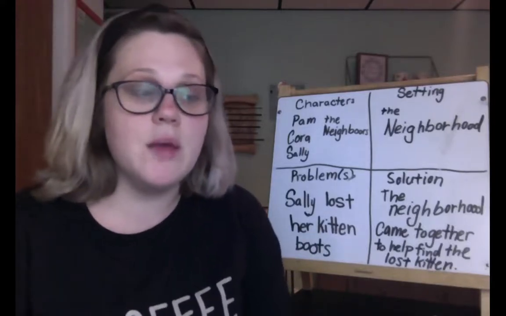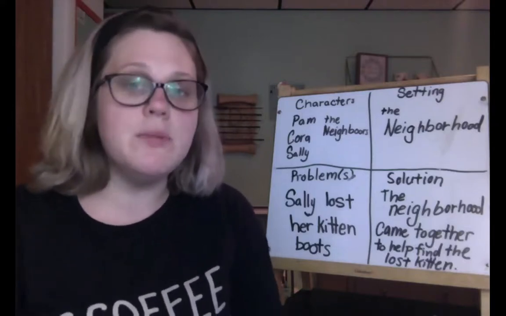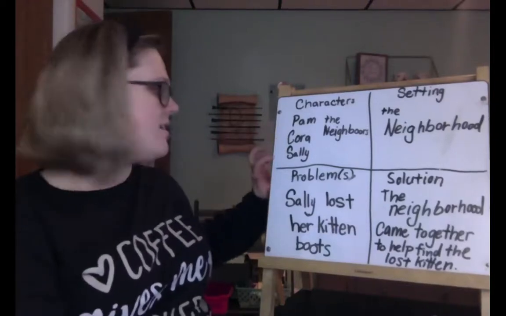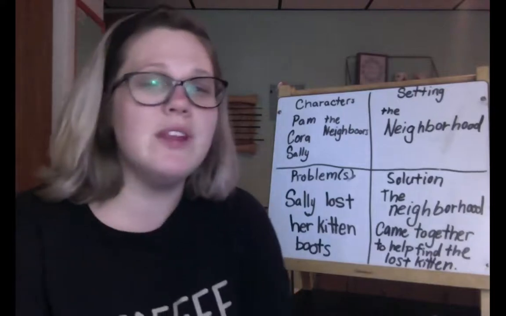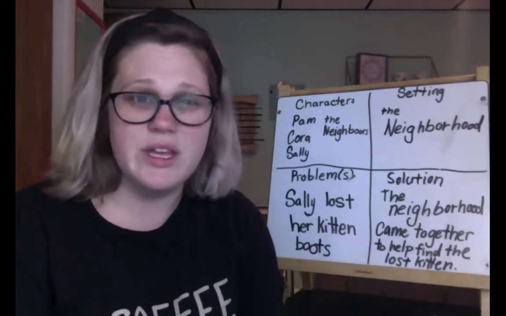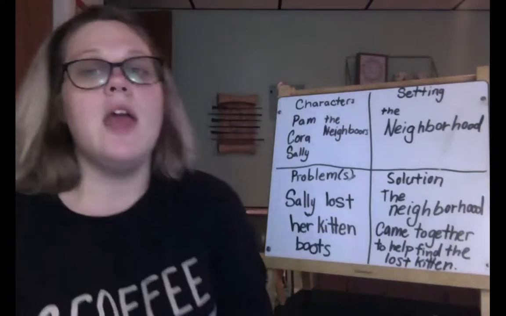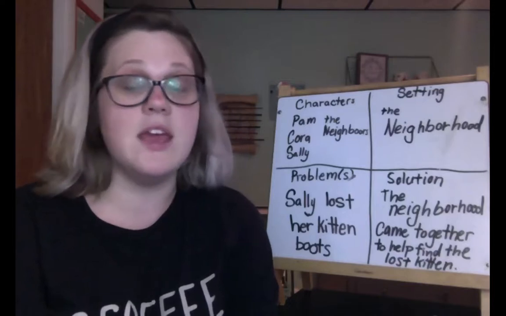So when I'm writing a summary and I'm putting these important events in order, it's really important that I think about what these main characters really wanted. We know that Sally wanted to find her kitten, but if we remember from yesterday's story, it really wasn't Sally who was telling the story. The main characters were the narrator Pam and her friend Cora, and what they really wanted to do was help Sally find her lost kitten.